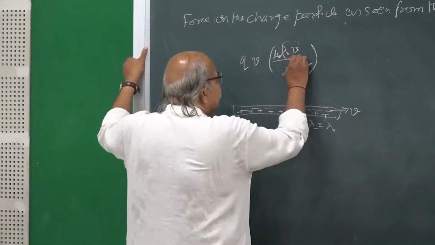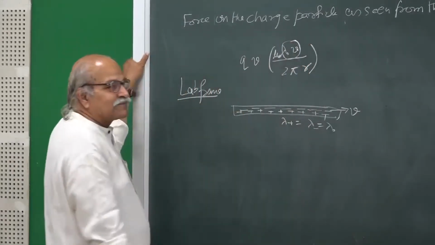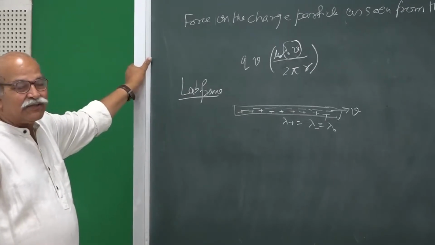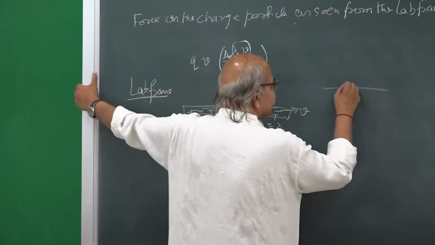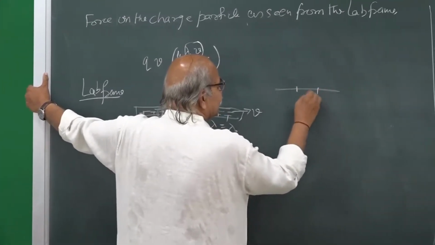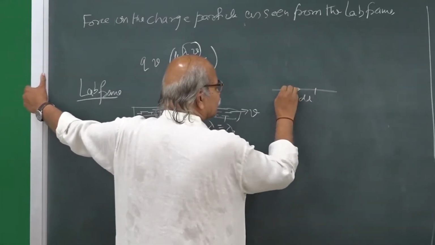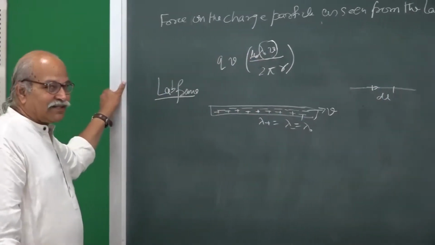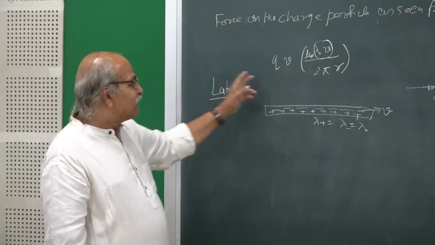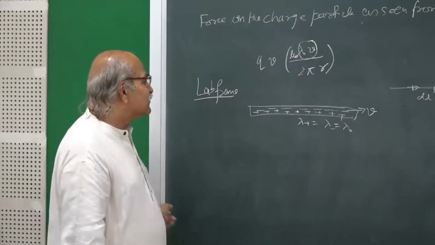Lambda times v, this will be your current. Remember, if you have a linear charge density, and then you take some dl and ask how much charge is crossing from this side to that side, from there you calculate the current. So, this is that current, lambda naught times v.